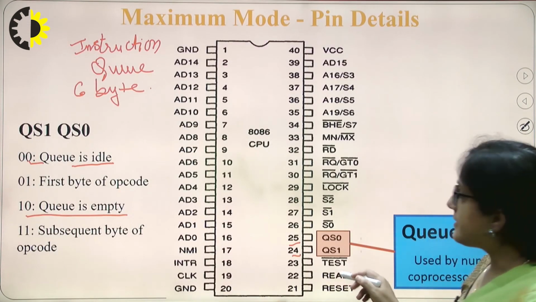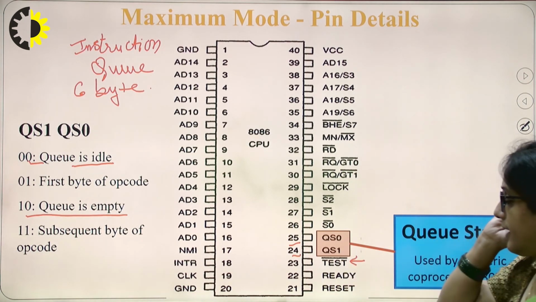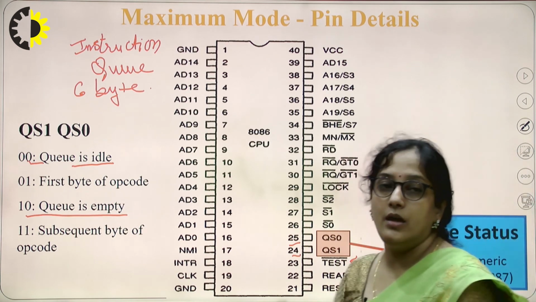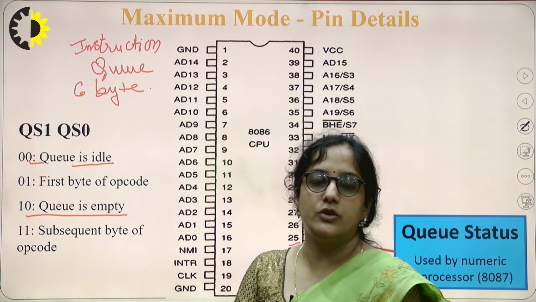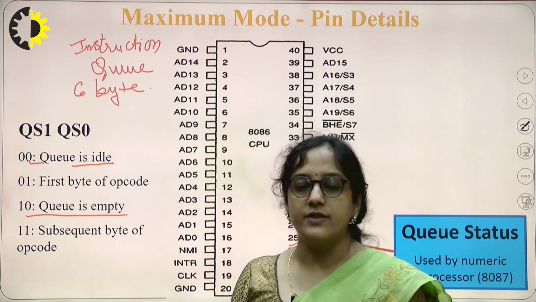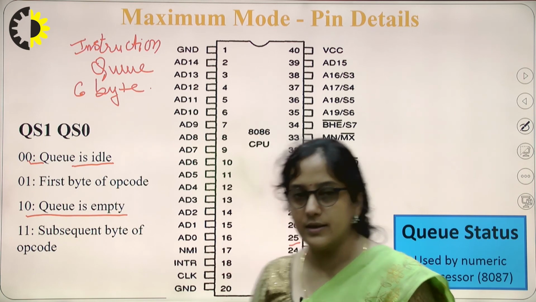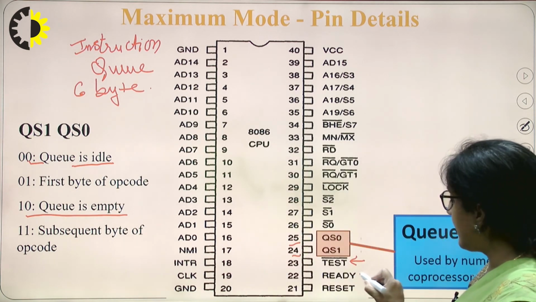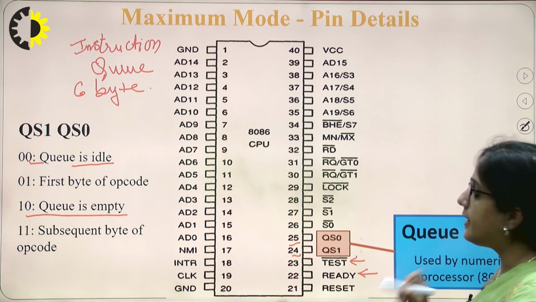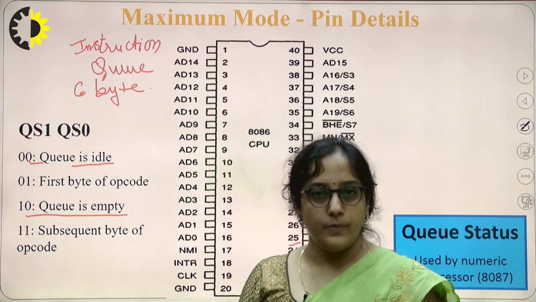Next is the TEST signal. This TEST signal is used by the microprocessor so that it can perform some servicing or operations related to the 8086. Another signal is READY. It is also an input to the microprocessor and it is used by slow peripheral devices.